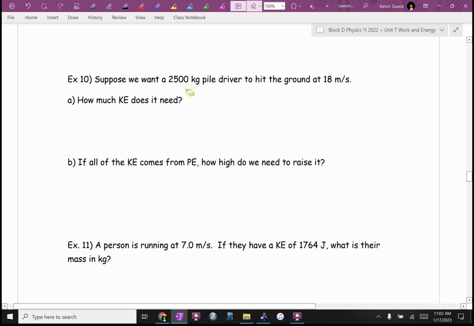So suppose we want a 2,500 pile driver to hit the ground at 18 meters per second. The soil engineers have looked at the soil in this location and they've said, okay, if you want this to move in, you need to hit it at 18 meters per second. First question, Tyler, what's part A asking me to find? What's my equation for kinetic energy?